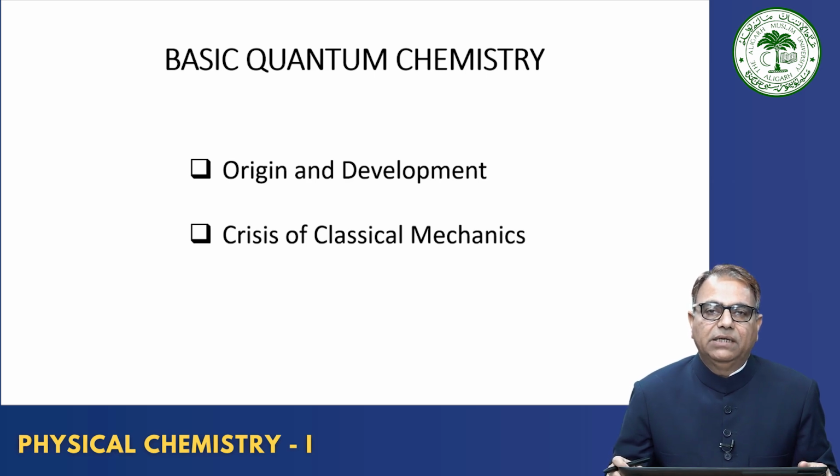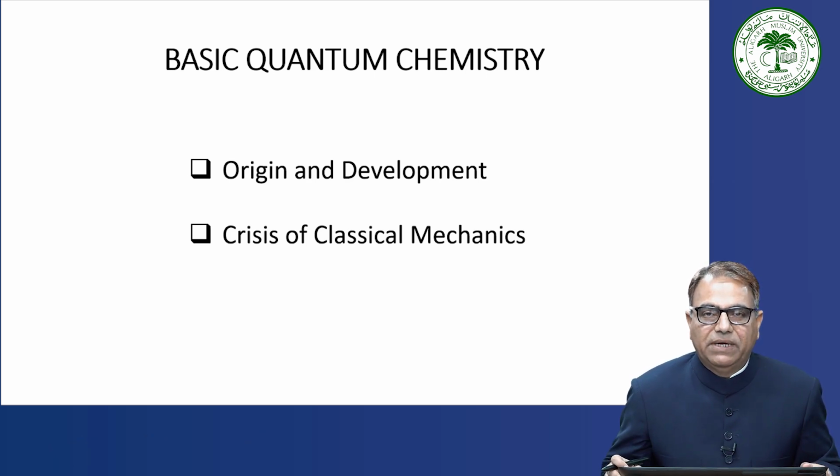Before quantum mechanics, Newtonian mechanics was available for dealing with the dynamics of any object. But Newtonian mechanics could not explain a few experimental observations at the end of the 19th century.